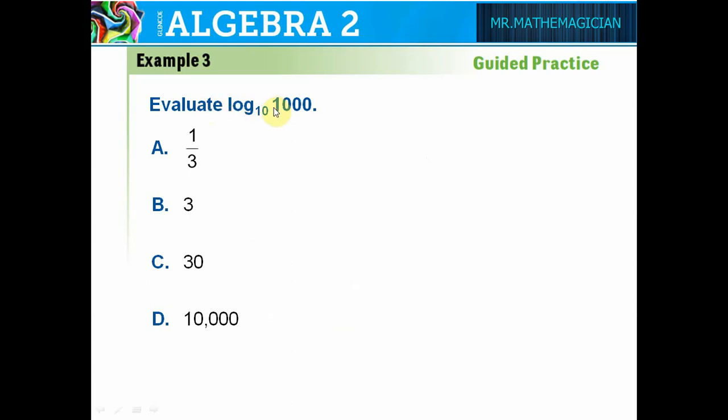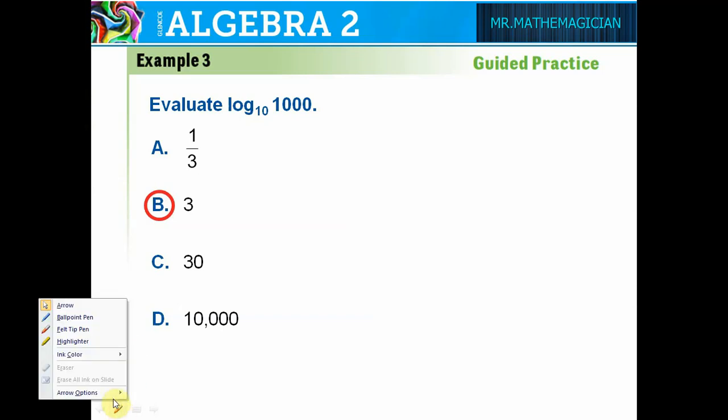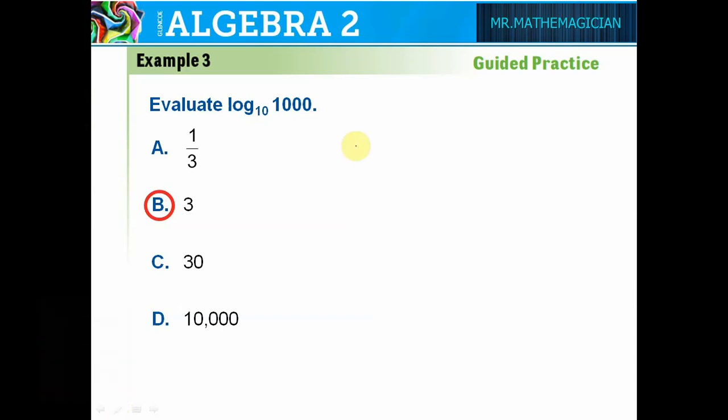Evaluate log 1000 base 10. Is it A, B, C, or D? Yes, it's B. And let me show you why it's B. Let log 1000 base 10 equals m, for example.